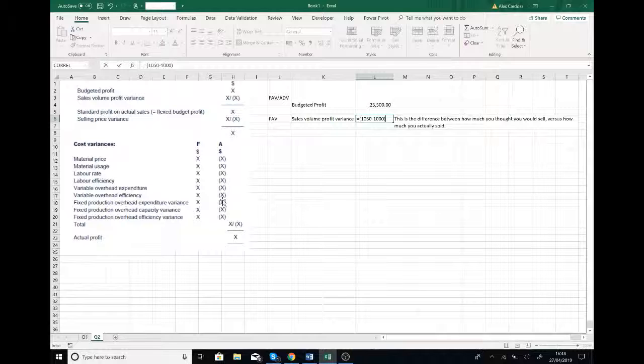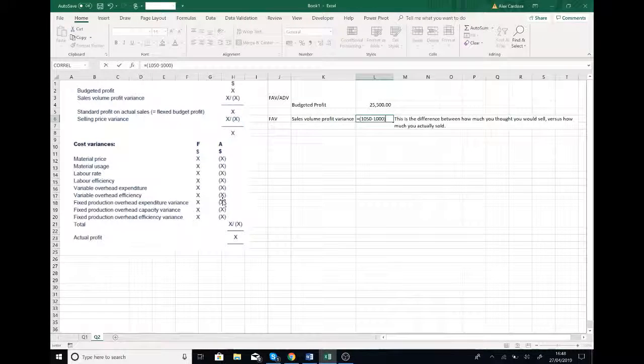The reason we're using our standard price here is because we're comparing what we thought we'd sell versus what we actually sold. If we use our actual selling price, that's not related to our budget because that's what we achieved in the marketplace. What we're interested in with regards to our budget is how much we thought we would sell versus how much we actually sold.